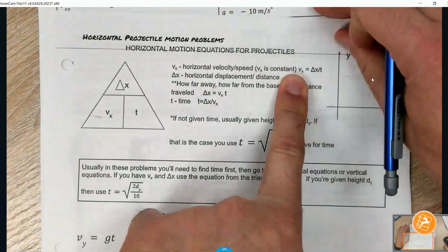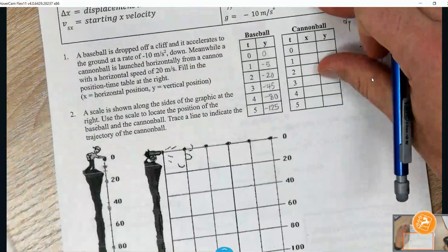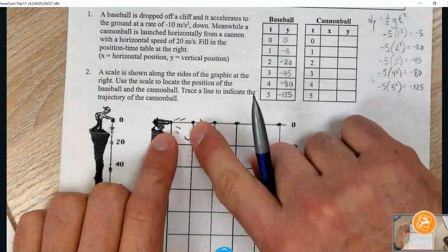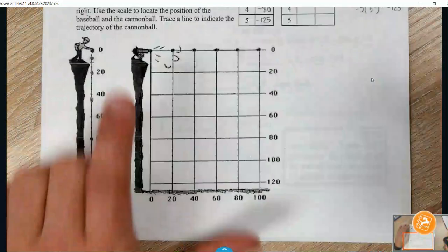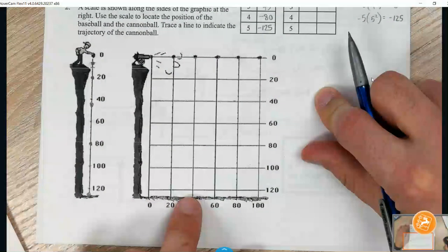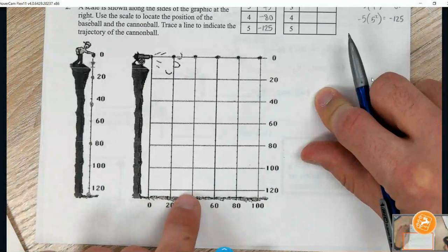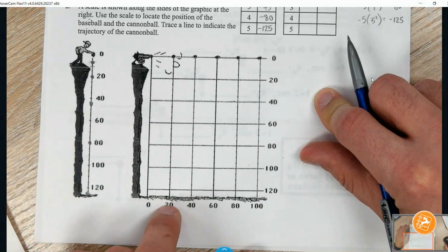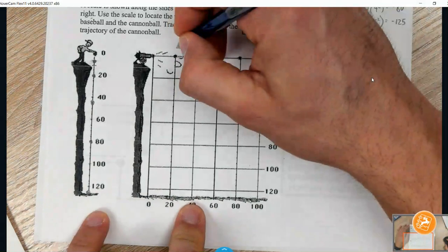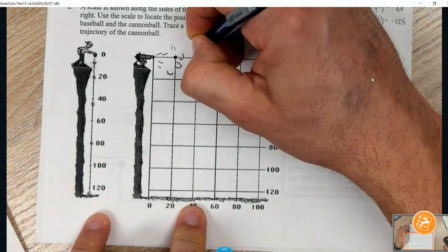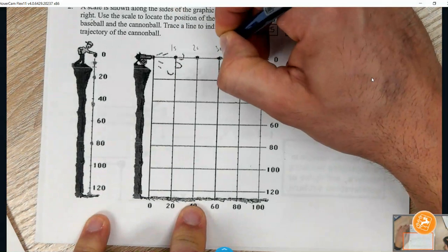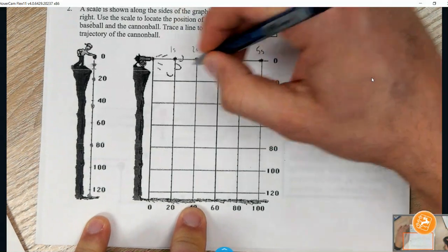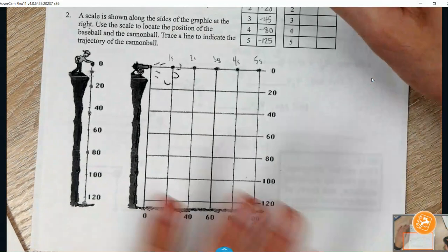So if I know what my Vx is, my horizontal speed, notice right here, it's consistently moving 20 meters every second. From 0 to 1 second, 20. From 20 to, the next second, if this is 1 second, 2 seconds, 3 seconds, 4 seconds, 5 seconds, it moves 20 meters per second every second.